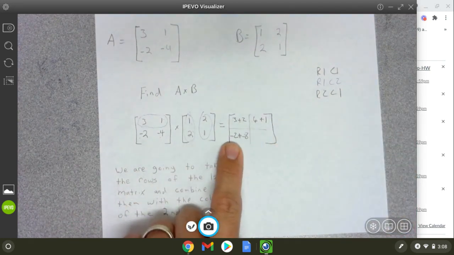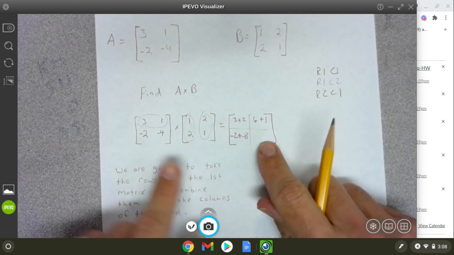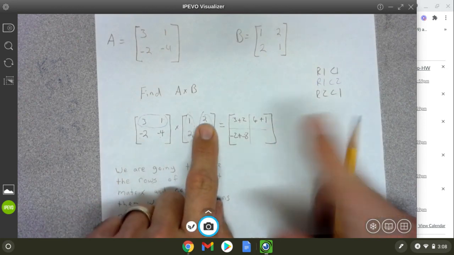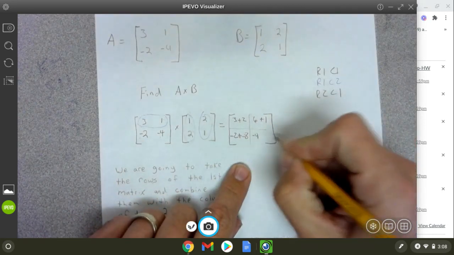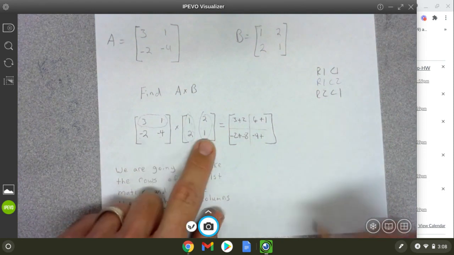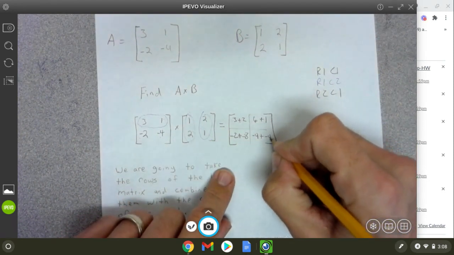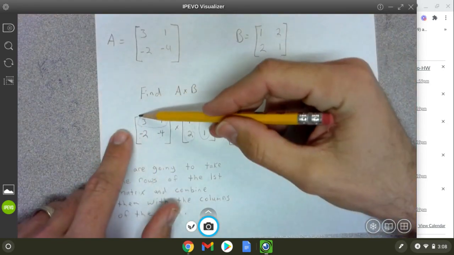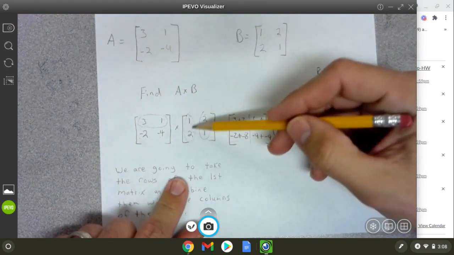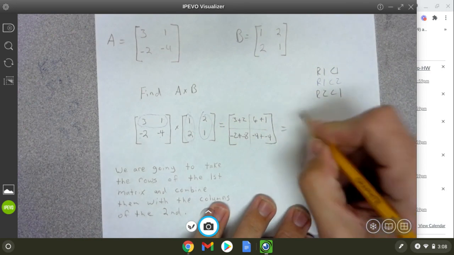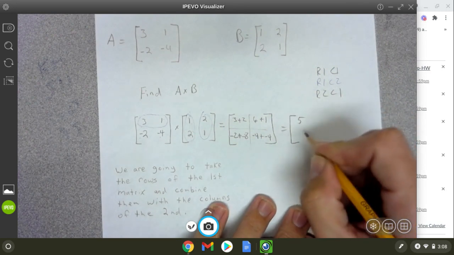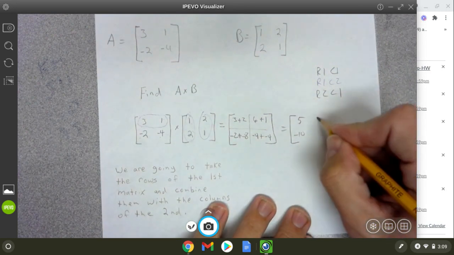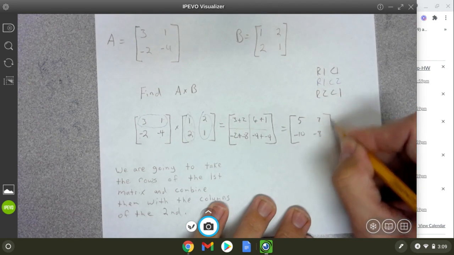Then the last one: negative 2 times 2 is negative 4, plus negative 4 times 1, negative 4. So the rows of this one had to match up with the columns of this one. We'll simplify this, and this will be our answer: 5, negative 10, 7, and negative 8.